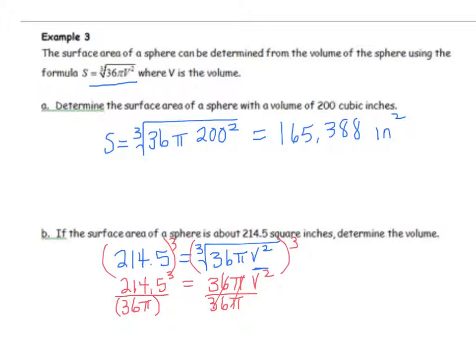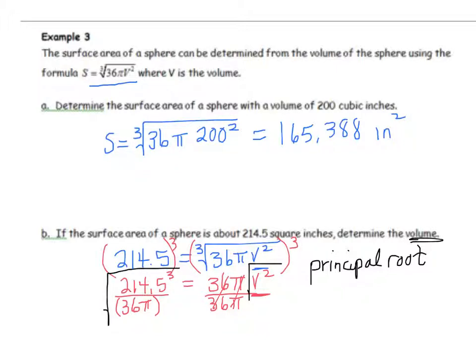And then the last thing I want to do is undo the V squared, which would be a square root. So I'm going to square root, and I'm going to take the principal root, the positive root, because we're talking about a measurement, volume, and I want the positive rather than the negative.